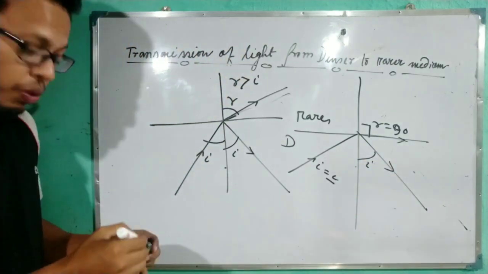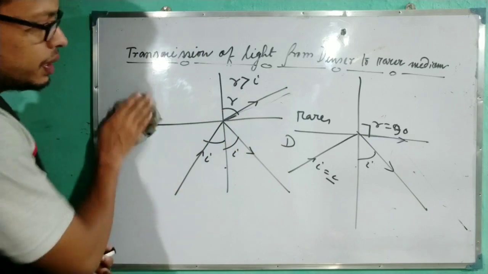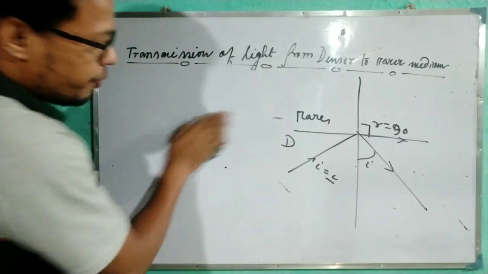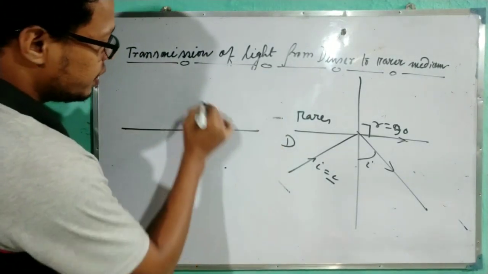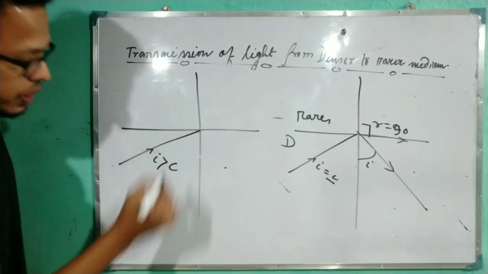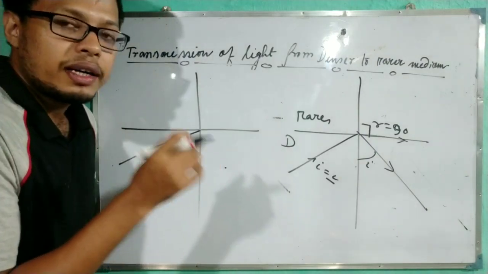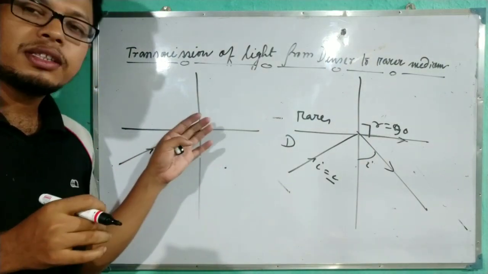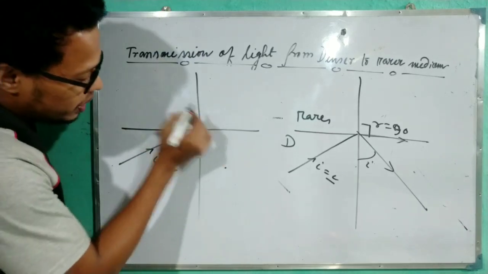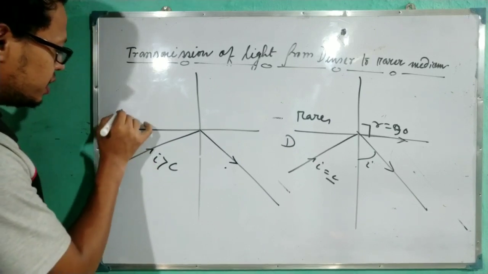Okay, but what will happen if we increase the angle of incidence? See, if the angle of incidence is greater than the critical angle, I greater than C, there will be no refracted ray. No refracted ray is obtained. Means all the rays will come back to the same medium. This is denser, this is rarer.